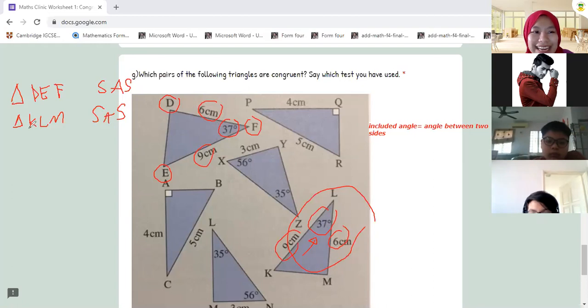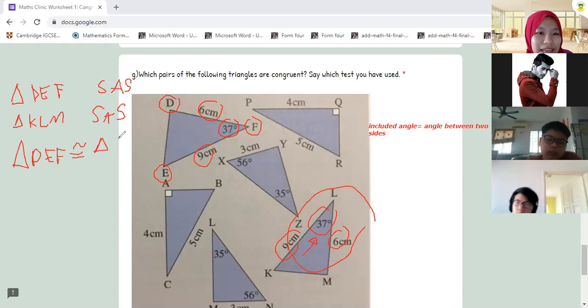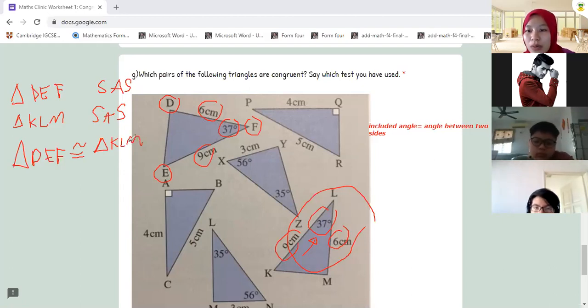So you can tell that triangle DEF is congruent to triangle KLM. Now this is the congruent symbol. Very good. If the question asks you to give a reason why, you can say: because both triangles have two equal sides and one included angle with the same value. It follows SAS.